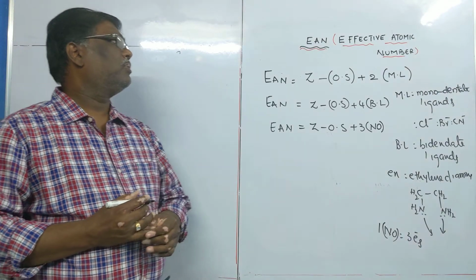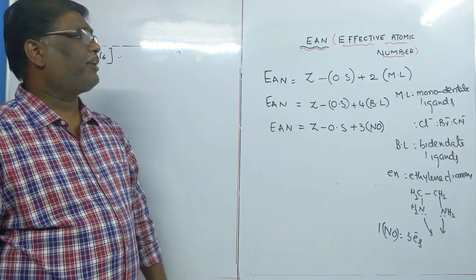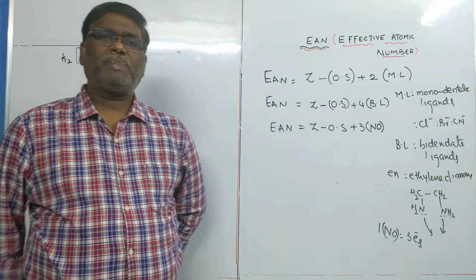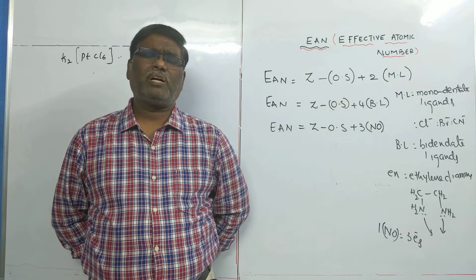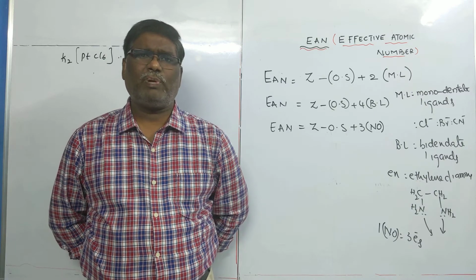Hello students, we are continuing the effective atomic number. I told you what is effective atomic number. The number of electrons present in the central metal atom after the complex compound formation is known as effective atomic number.